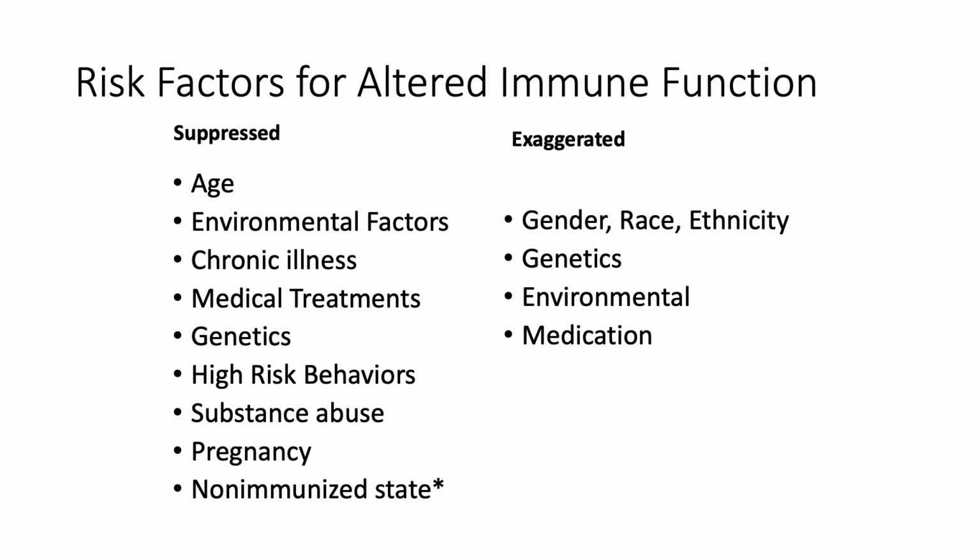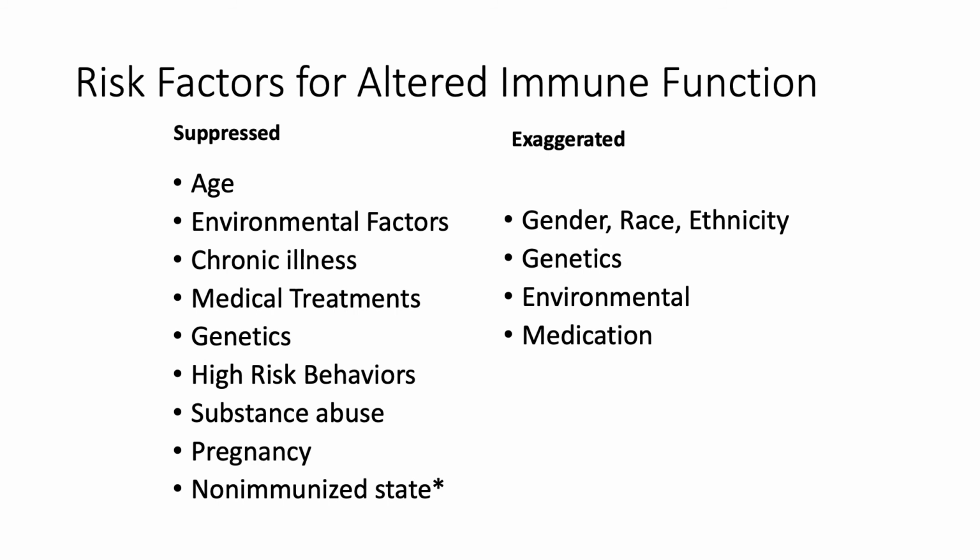Some people have genetic predisposition to a suppressed response. People who engage in high-risk behaviors, substance abuse. These conditions can suppress the immune system. Pregnancy also changes the immune system and sometimes suppresses it. And somebody who is not immunized will have less immunity than they could have to a contagious situation.